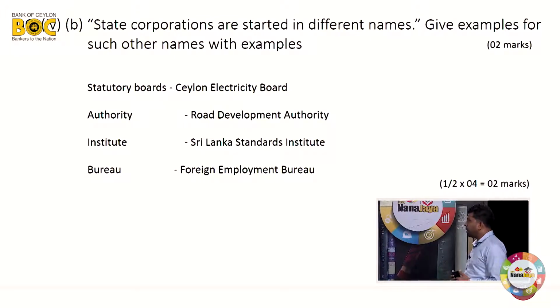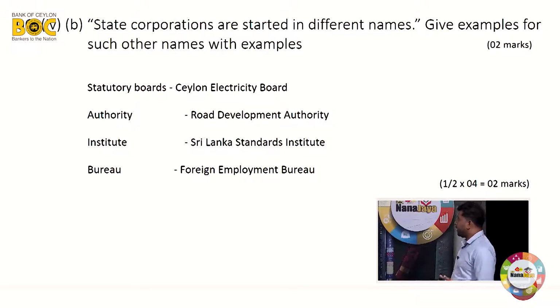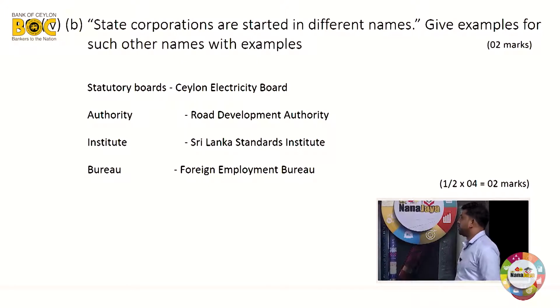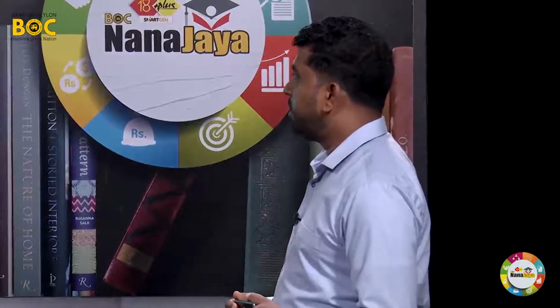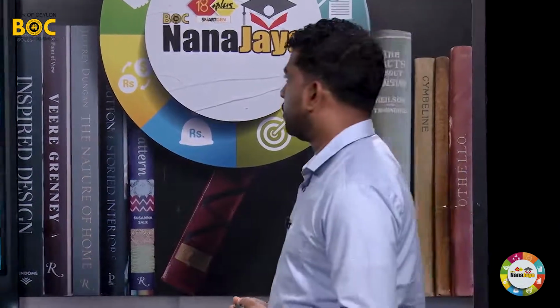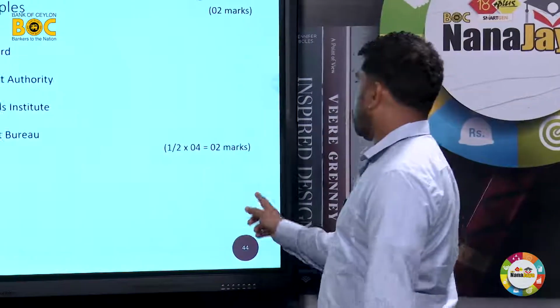Ceylon Electricity Board, Road Development Authority, Sri Lanka Standard Institute, Foreign Employment Bureau. These are the different types of names that can be given under corporations. Right, let's move on to the next question.